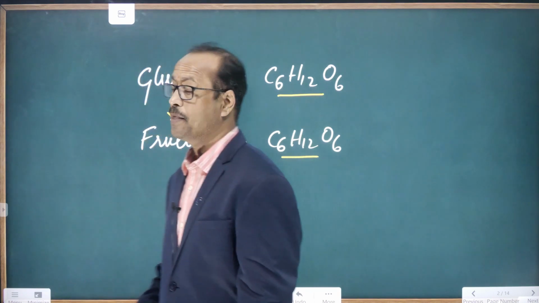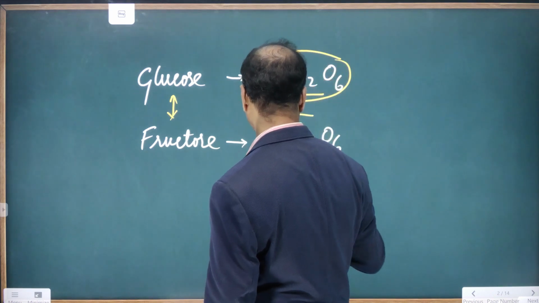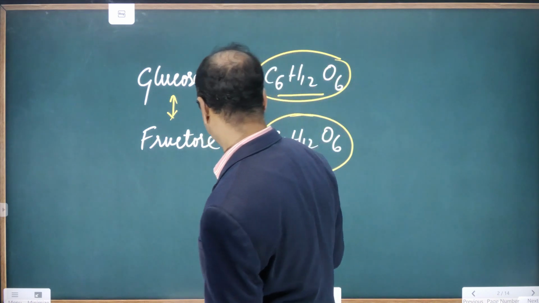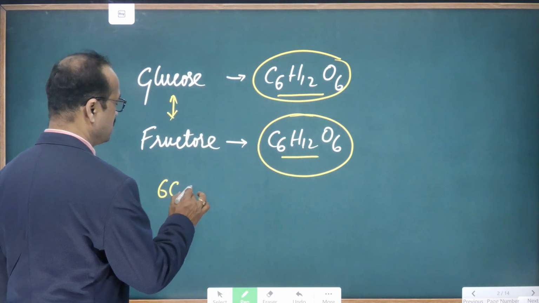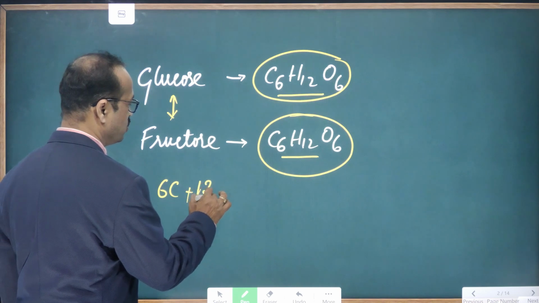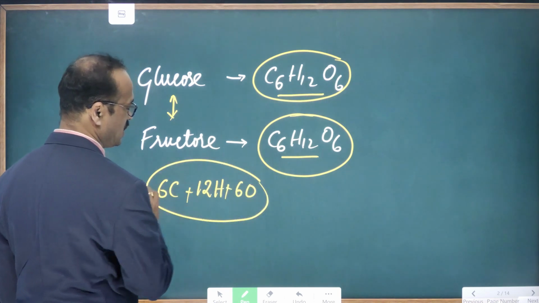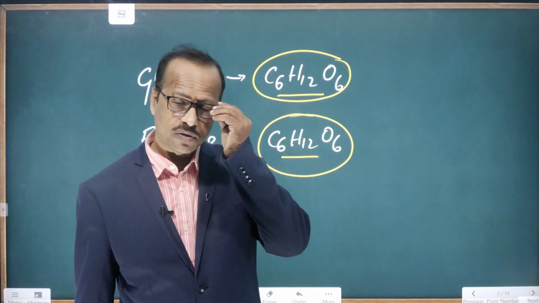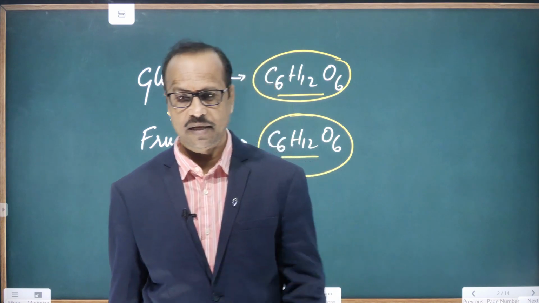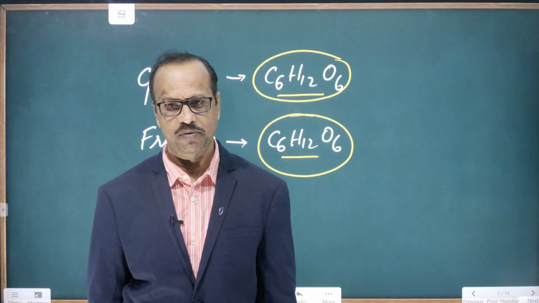But you see here the formula remains the same. Both are made up of 6 carbon atoms, 12 hydrogen atoms and 6 oxygen atoms. Same, but they are not the same compounds, they are different in physical and chemical properties.